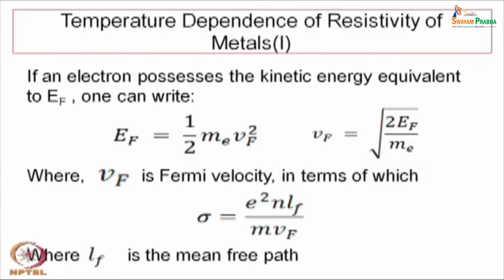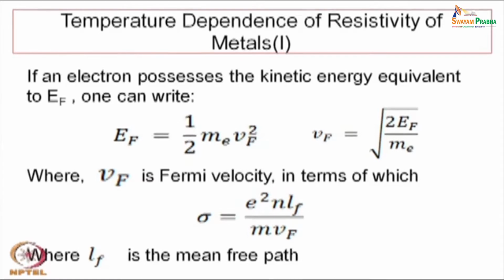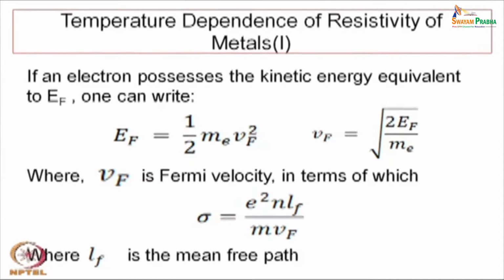With this, one can find out what the temperature dependence will be. If an electron possesses kinetic energy equivalent to E f, it introduces a velocity in terms of the Fermi energy, and that velocity is termed V f, the Fermi velocity.